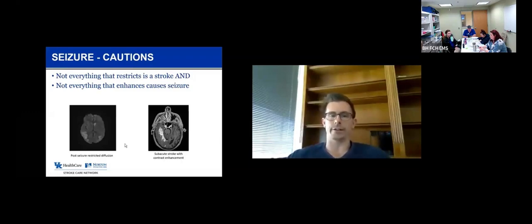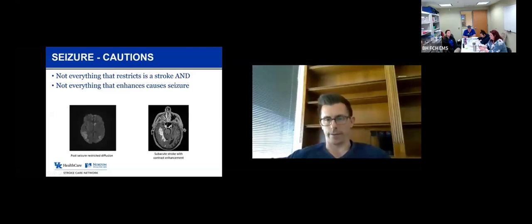And the clues here are that the restricted diffusion only really affects the gray matter. So you see it mostly in the cortex and in the head of the caudate up here, and it's not really affecting the white matter. And then it's in multiple territories. So for this to be a stroke, you'd have to invoke 4 different sort of events happening simultaneously. And so this can be confused for a stroke, but this is actually post-ictal restricted diffusion.